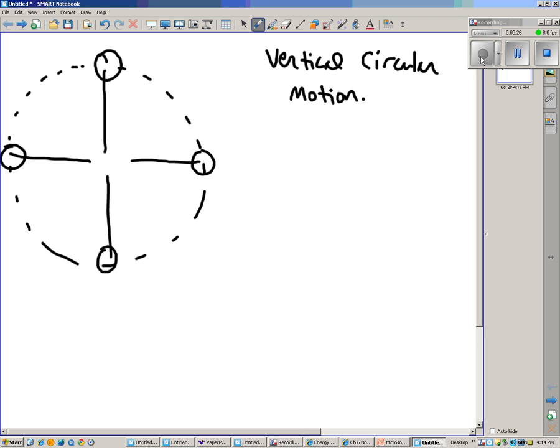So if we go to the top, we know the force of tension is in towards the center. We also know that mg, its weight, is downwards. You can call it F sub g if you want. Looking at the equations for this, the sum of the forces equals ma. This is a y direction problem.